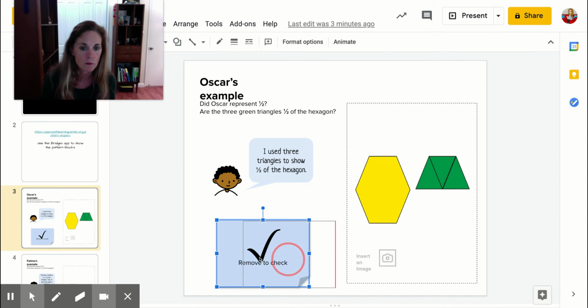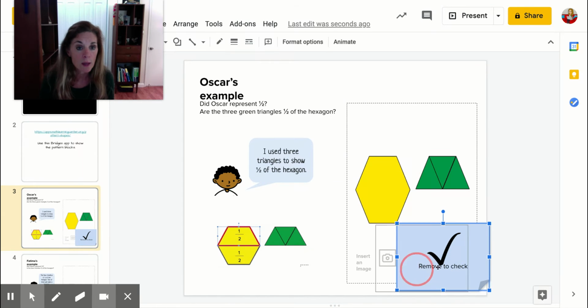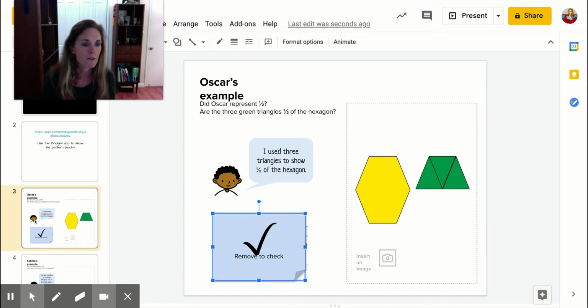We can remove this thing. You can see that if you move the three green triangles over to the hexagon, they land perfectly on half. So Oscar is correct. The three green triangles do represent half.